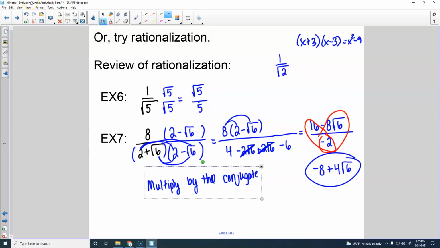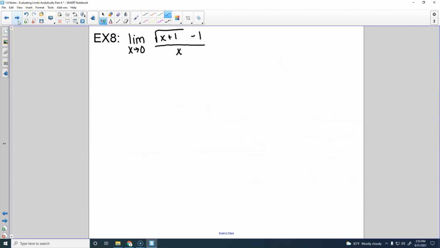All right, so this is just a review of pre-calculus. Let's see what it looks like whenever we've got a calculus problem. All right, so with all of these problems, every single time, we're supposed to do direct substitution.